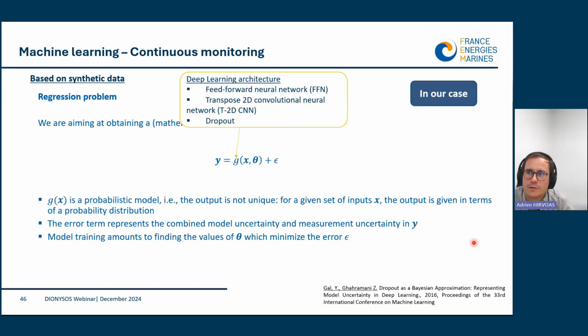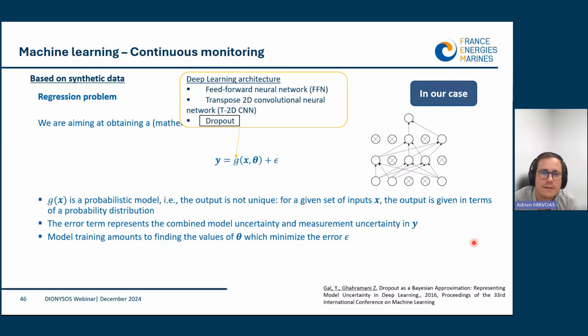Dropout is a regularization technique for neural networks, but it can also be used from a Bayesian perspective, and it allows us to take into account the uncertainties related to the replacement of the numerical model by a mathematical formulation.